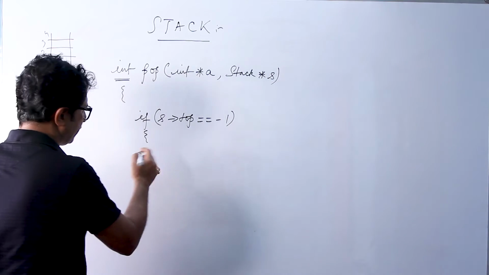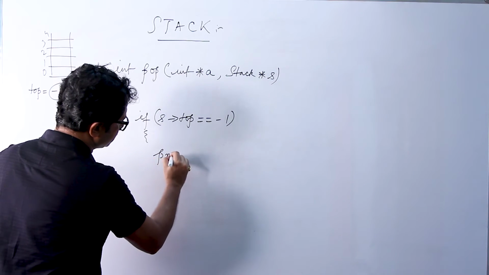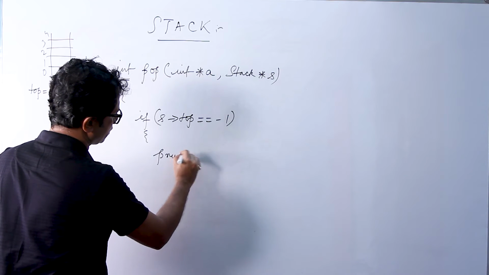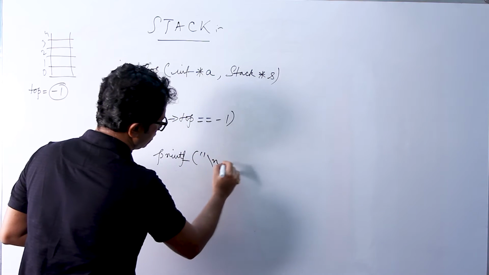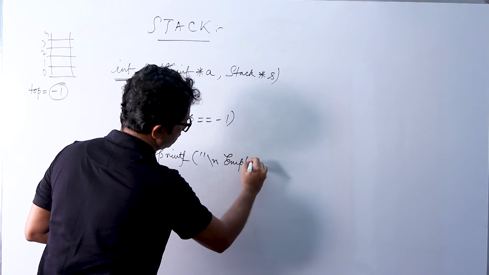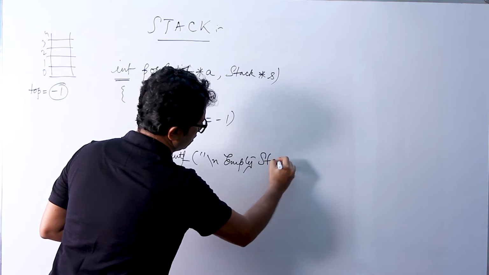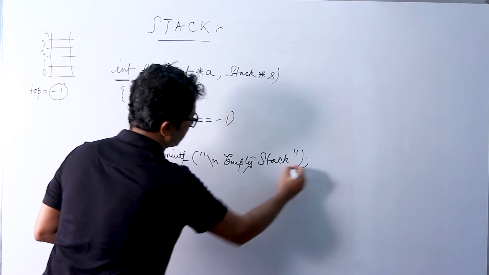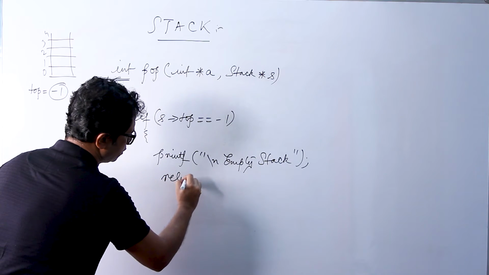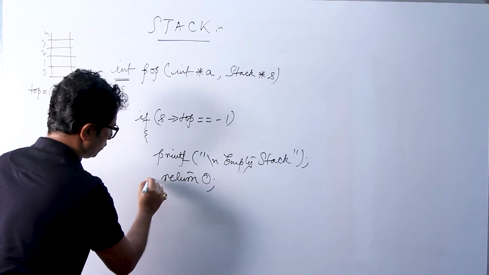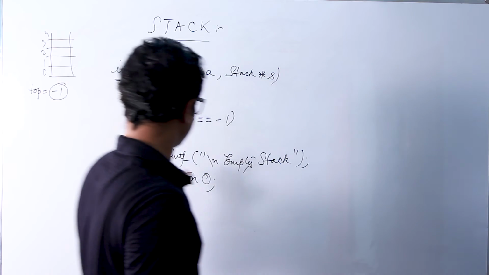So I will print a message: printf empty stack, return 0. So this is the failure operation part.